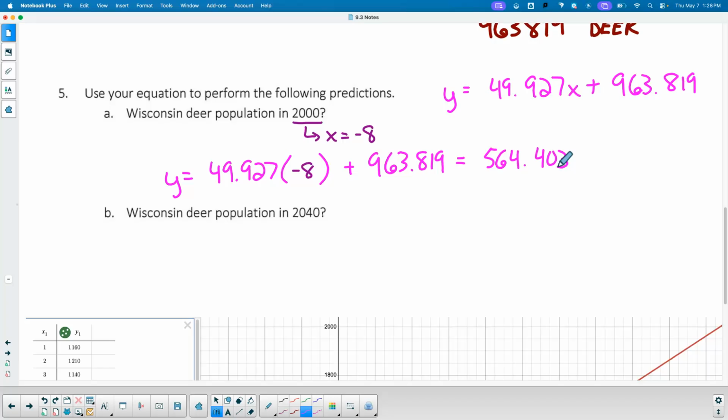Anybody verify those numbers? Okay. So how many deer were in the state? What was the deer population? Get rid of the decimal point, right?